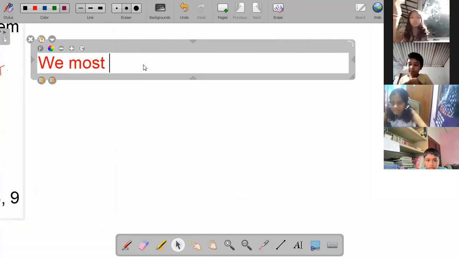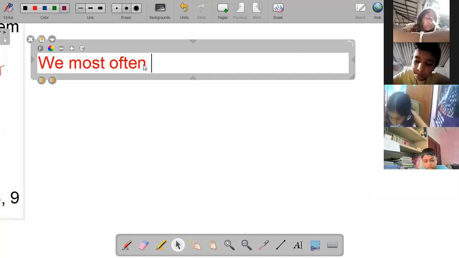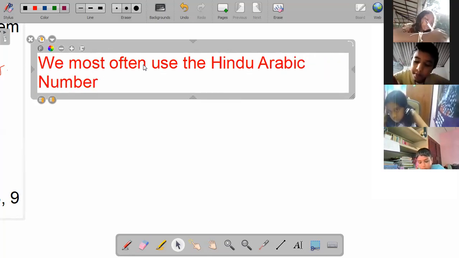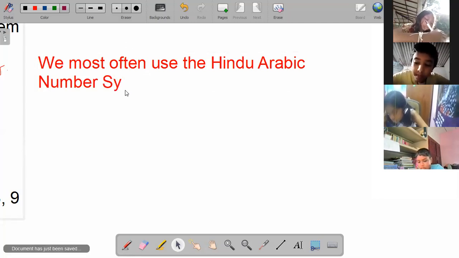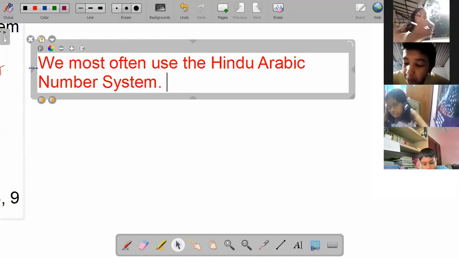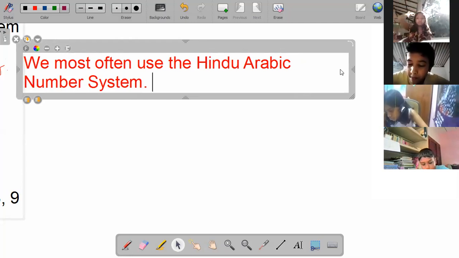We most often use the Hindu Arabic number system. What's the meaning of this one? Can you understand?